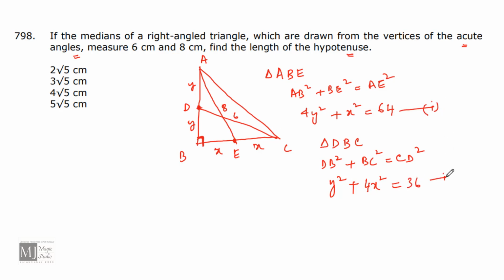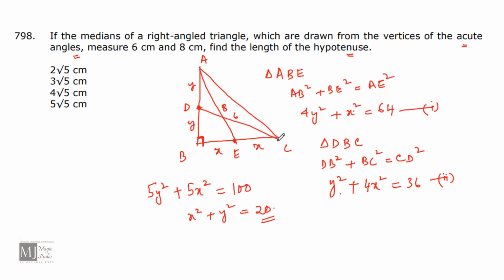Now these two equations, let me add up. What I'll get? 4y square plus y square is 5y square, plus x square plus 4x square, that will be 5x square, equals 64 plus 36, that is 100. That means x square plus y square equals 100 by 5, that is 20.